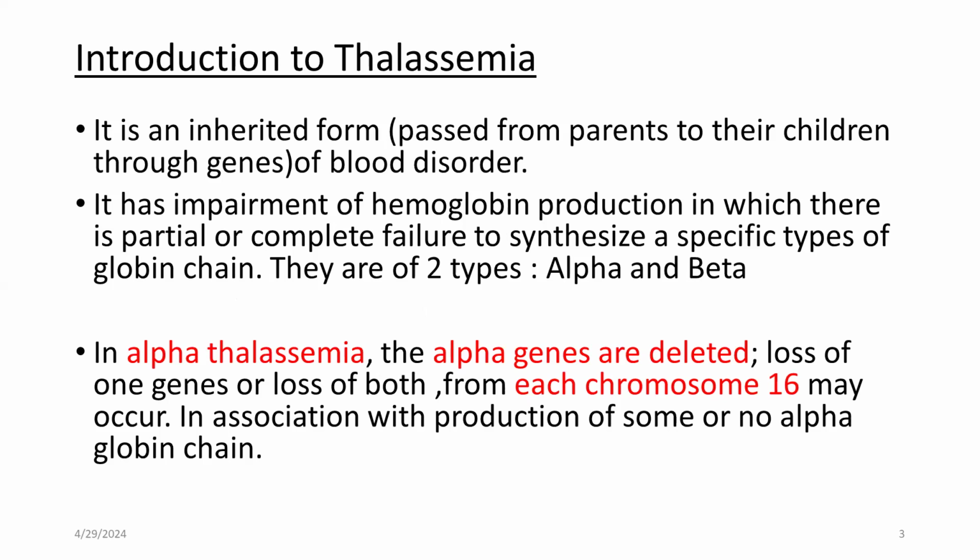In alpha thalassemia, the alpha genes are deleted, loss of one gene or loss of both, on chromosome 16. Got it? We have to know the types, alpha and beta, and which is more lethal and which is more prevalent in the community.